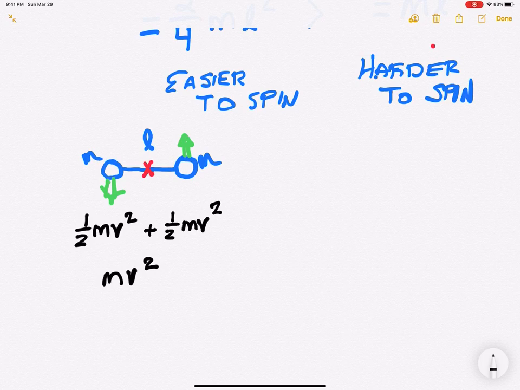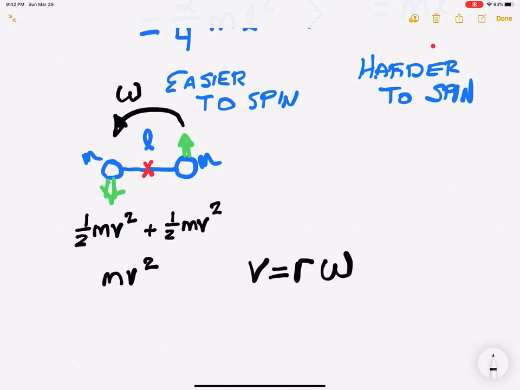But we know that there's a relationship between the velocity and the angular speed. So this thing's going to go around with an angular speed omega.